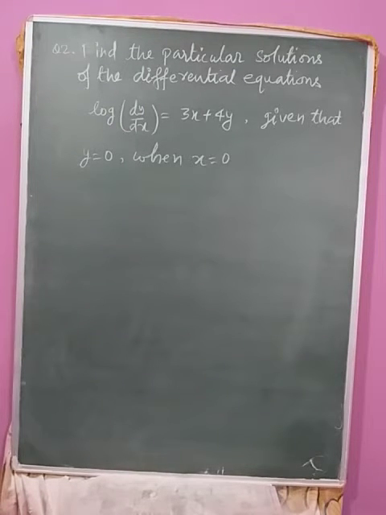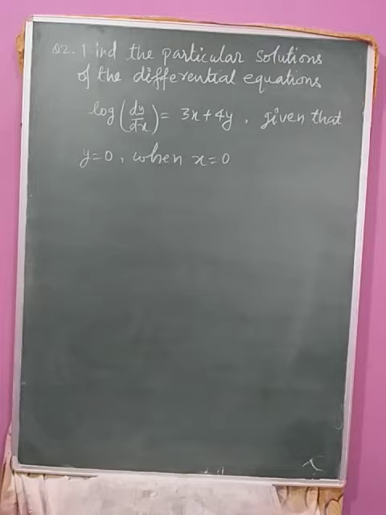Now we have the next problem. Find the particular solution of the differential equation log of dy by dx equal to 3x plus 4y, given that y equal to 0 when x equal to 0.